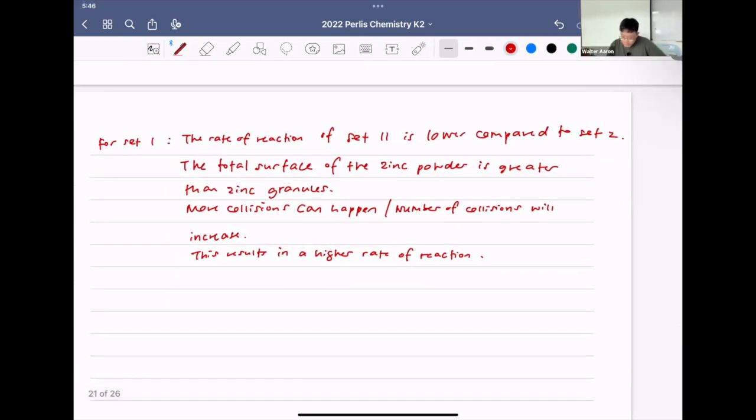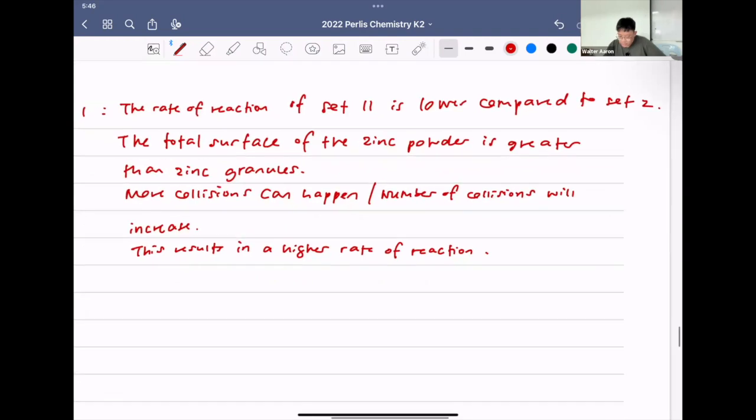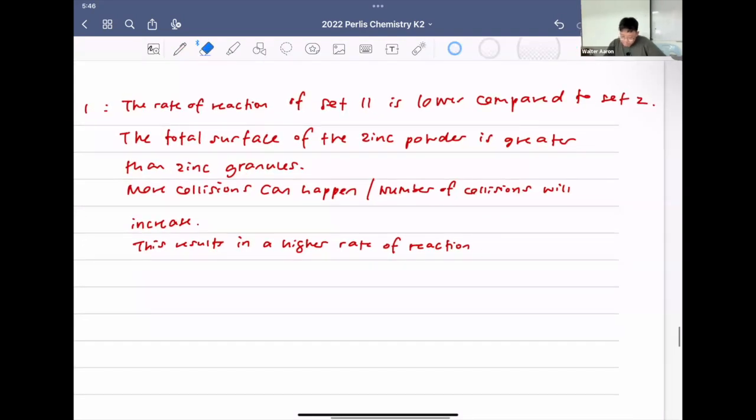So you can also say that this results in a higher rate of reaction because more effective collisions have occurred. There will be more effective collisions. Done.